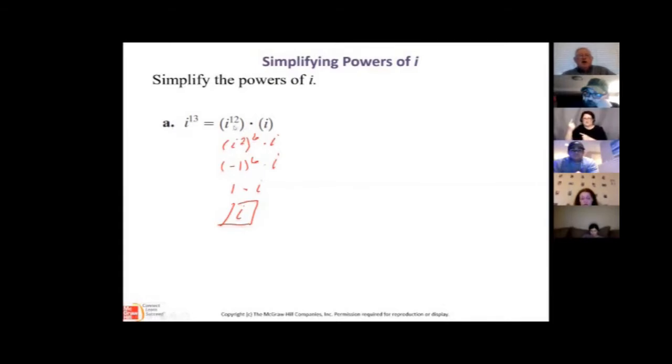Now, the i to the 12th becomes i to the 2nd to the 6th power. And then we just bring this i down. We replace i to the 2nd with -1. And then -1 to the 6th power, being an even power, gives me a +1. And I bring down the i. So my final answer on this problem is just positive 1 i.